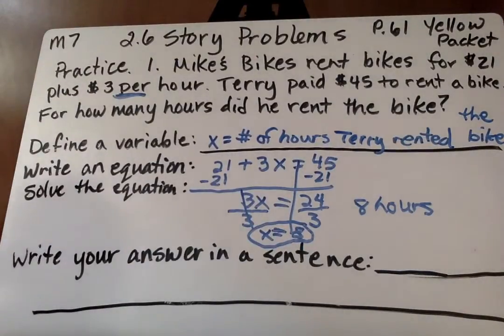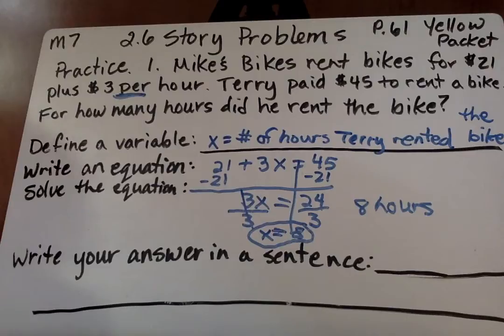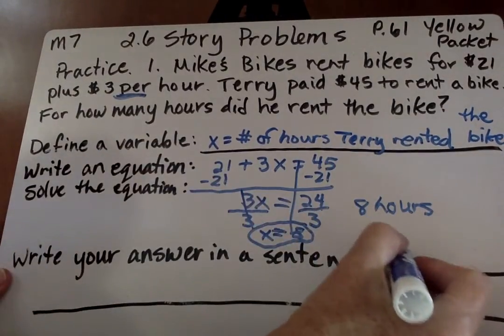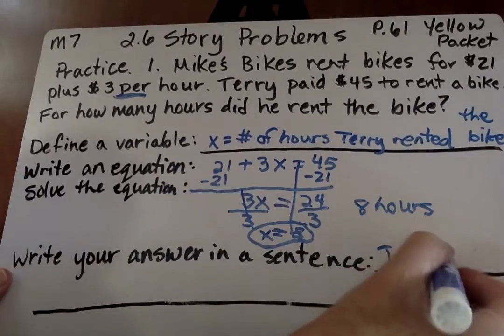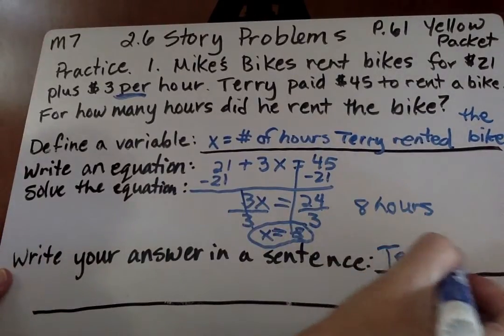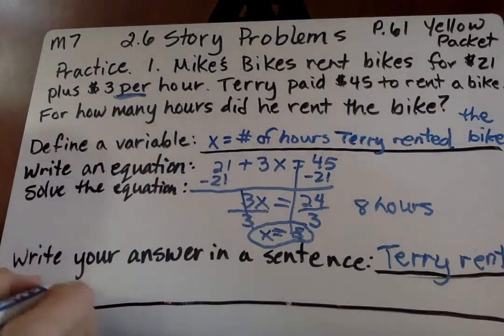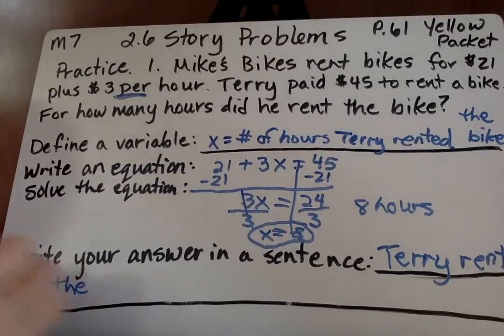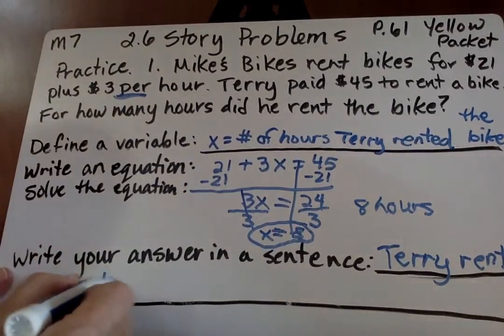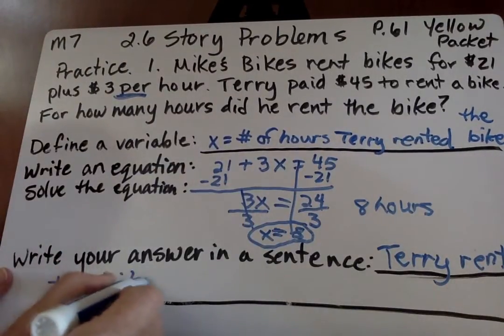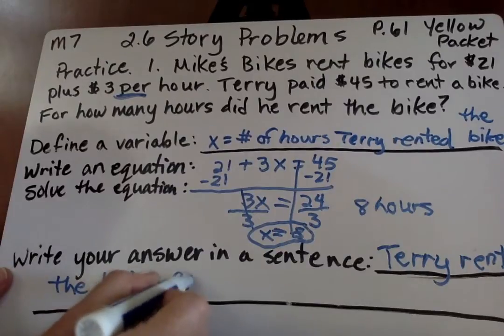Then we write our answer in a sentence, and that would be that Terry rented the bike for 8 hours.